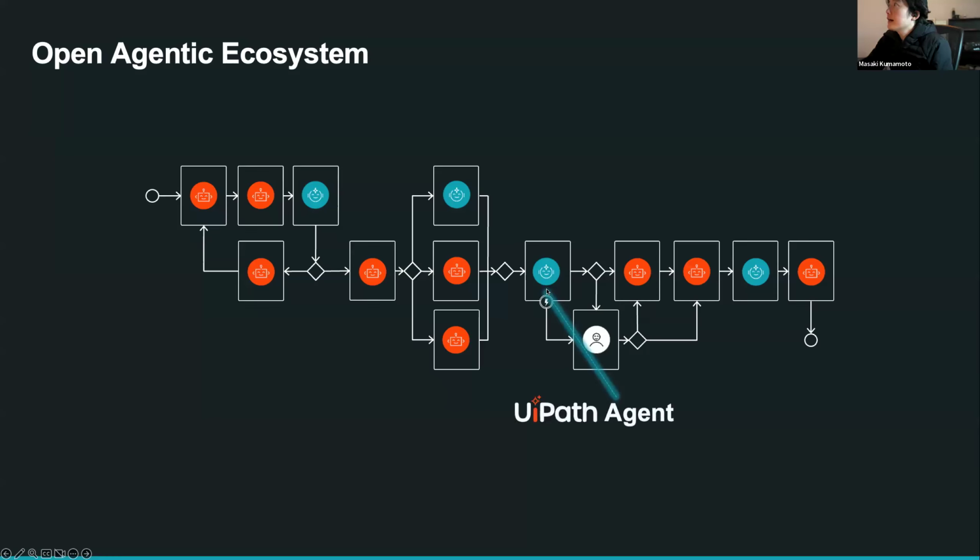Thank you. So as Sandeep mentioned, UiPath is taking the open agentic ecosystem. So we can call UiPath agent, of course, in the form of BPMN. We call it the UiPath Maestro. So let's say one of the parts is going to be an agent task. We can, of course, assign a UiPath agent. Most of you have probably seen Agent Builder, UiPath Agent Builder.